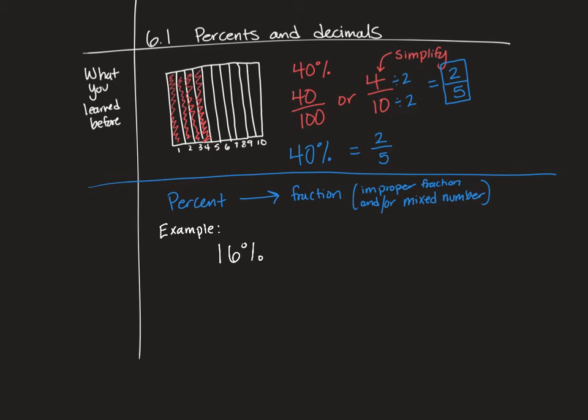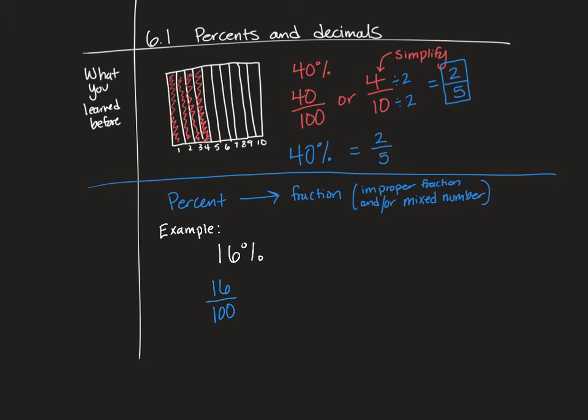So I just want to remind you guys that 16% means 16 cents of every 100 cents. So 16% of every 100. 16 out of 100. That's how you say 16%. That's how you represent it as a fraction.